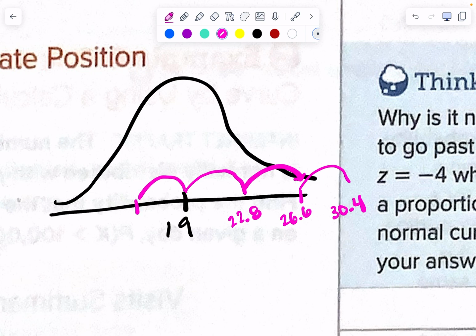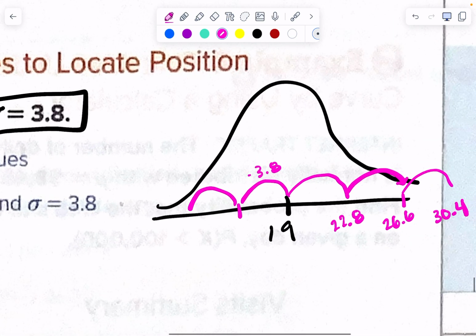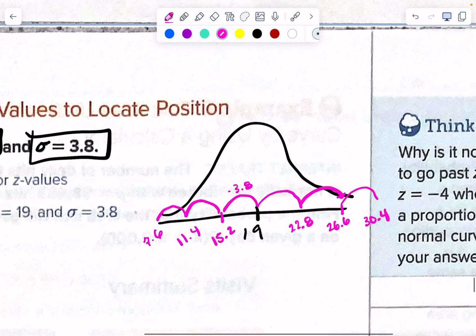Subtracting 3.8, what do you get? 15.2. Subtract 3.8 again: 11.4. Subtract 3.8 again: 7.6. Yep. Those are my three numbers on either side.